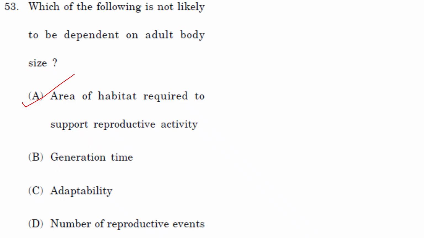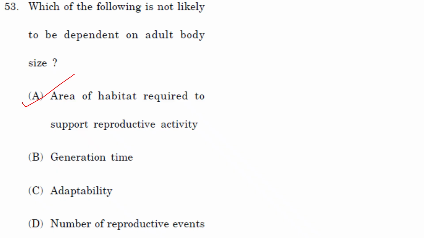Larger body, larger size of the territory. So these larger animals have higher metabolic demands, and the area of the habitat that is required to support the reproductive activity is also larger. So the adult body size is dependent on the size or area of the habitat.